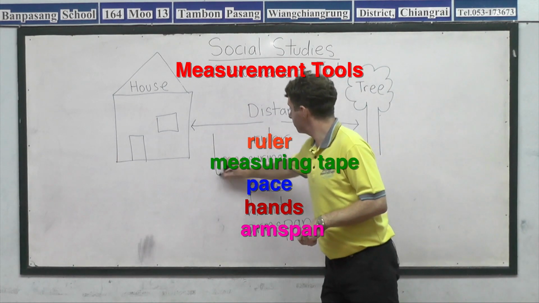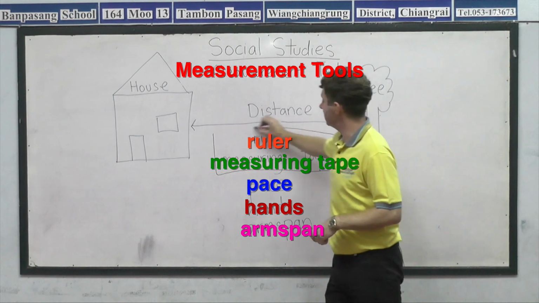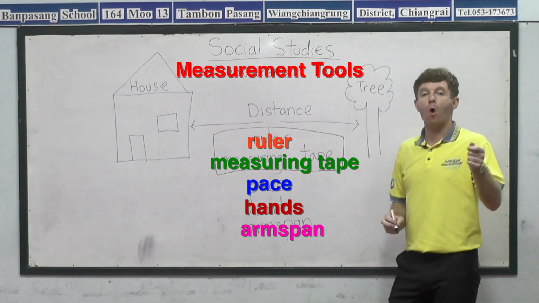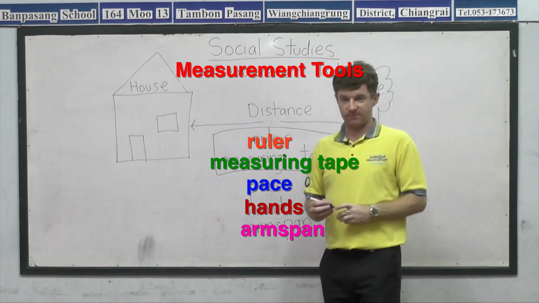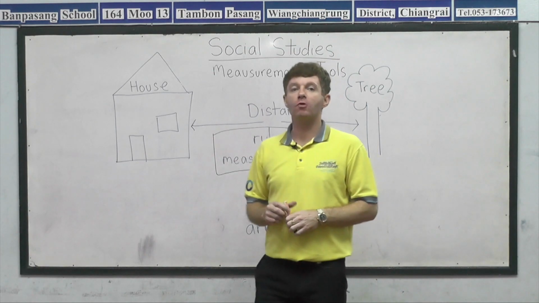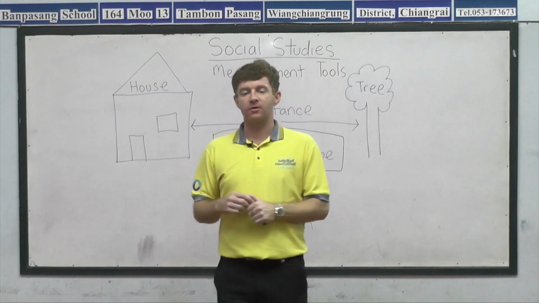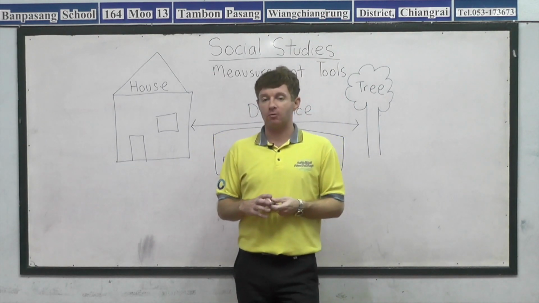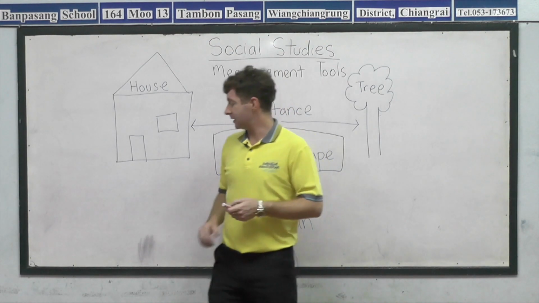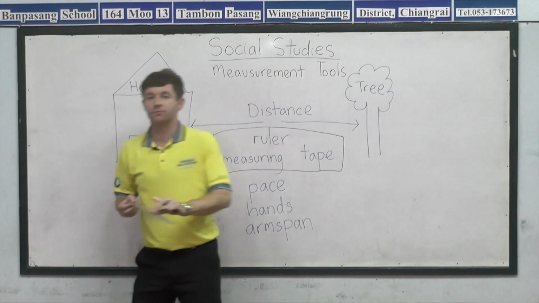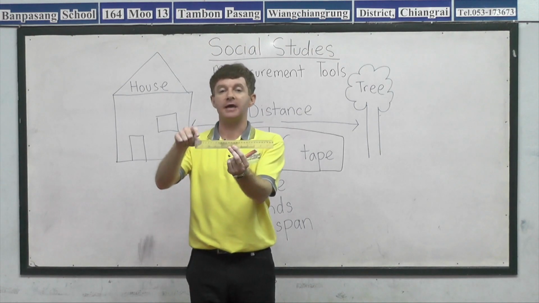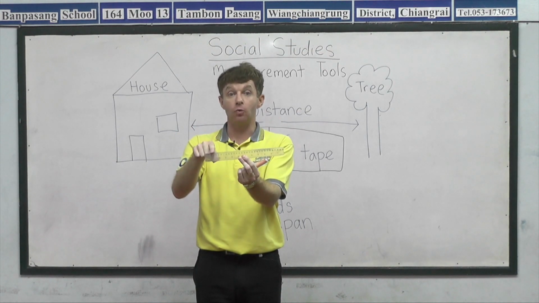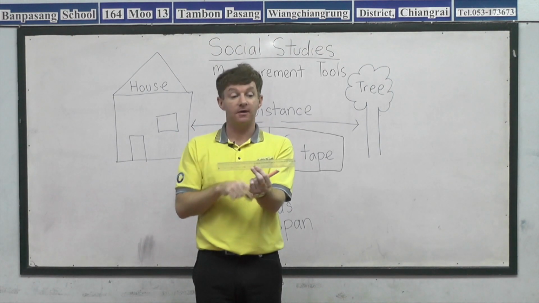These two here, ruler and measuring tape, are what we call accurate units of measurement. Does anybody know why they're accurate? Let's look at our rulers. On our rulers, we have set units of measurement.